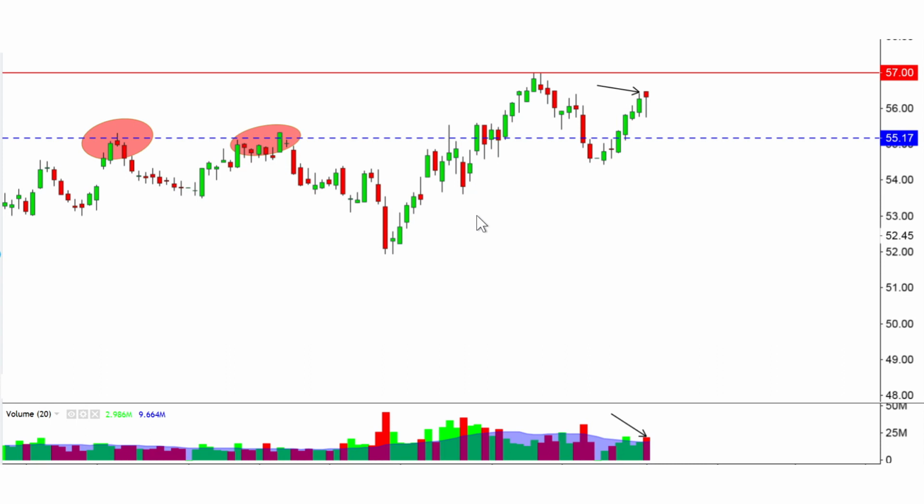And on a side note, going to the bottom left corner, there is volume and 20 beside it to mean the average volume over the past 20 trading sessions. Each candle and volume bar represents one session, and this average volume over the past 20 trading sessions is represented by the purple or bluish color over the red and green volume bars.